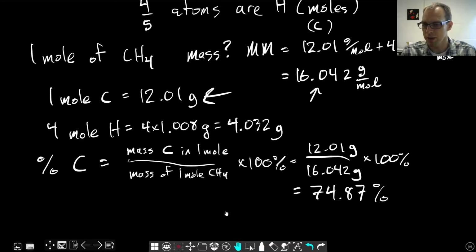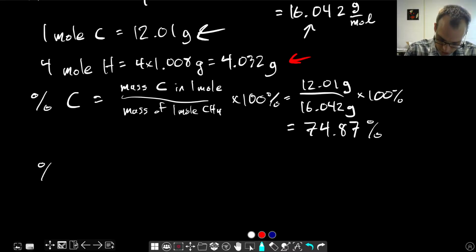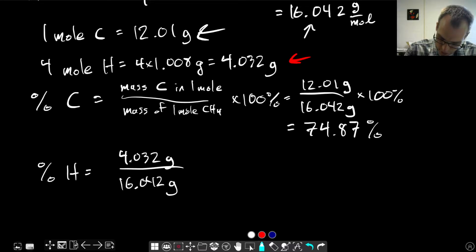We can repeat this calculation with the hydrogen, and we should just get 100 minus this value because everything else is hydrogen, but we can just double check. So our 4 moles of hydrogen, we're going to use this number now. So our percent hydrogen is equal to 4.032 grams divided by our 16.042 grams times 100%.